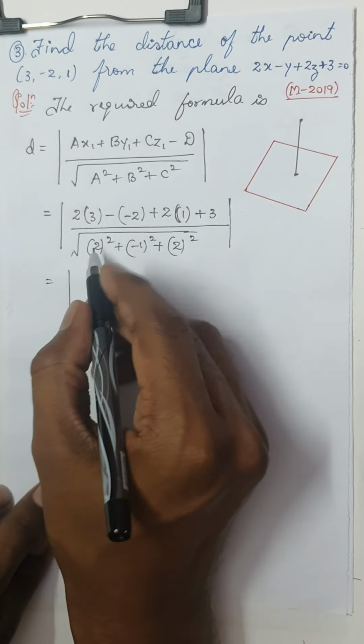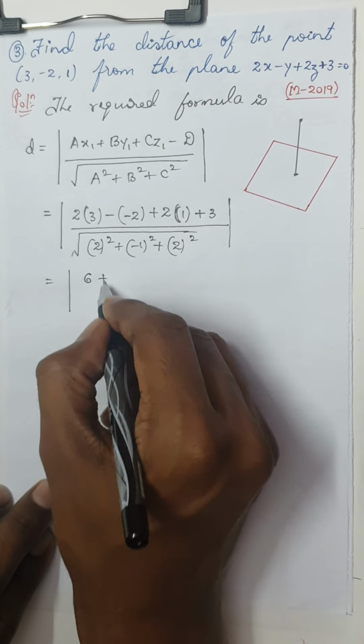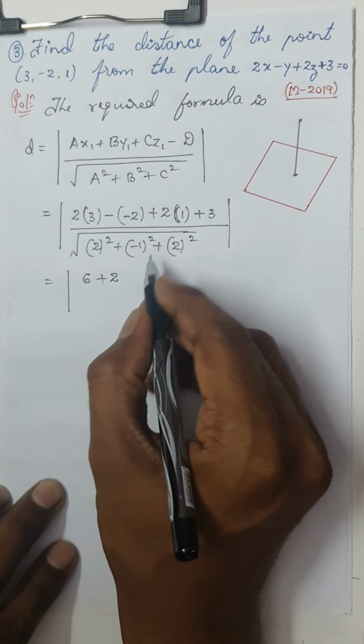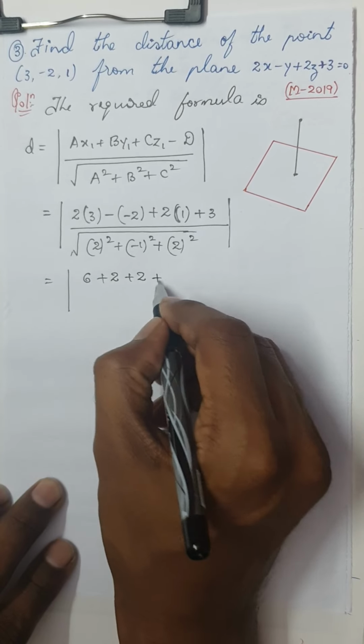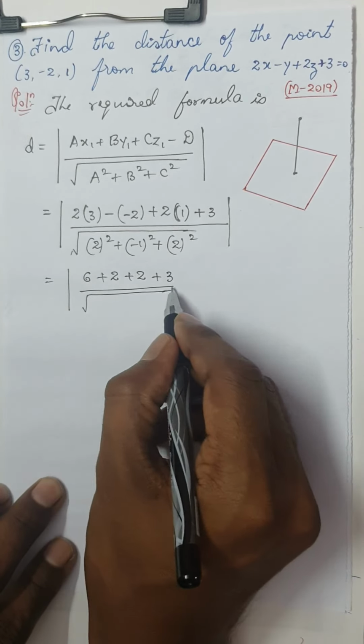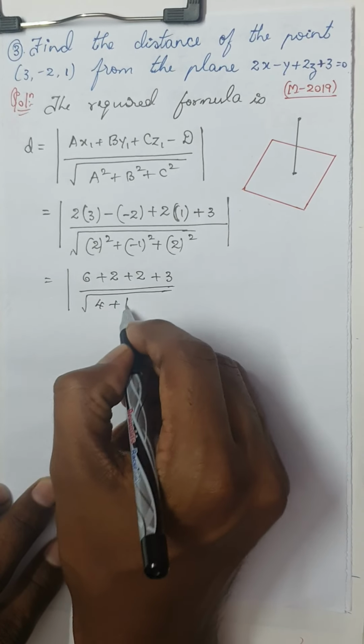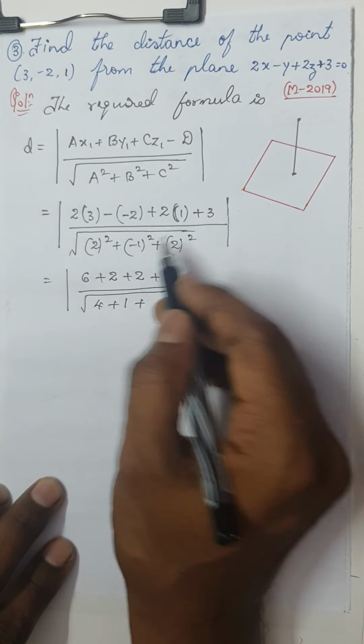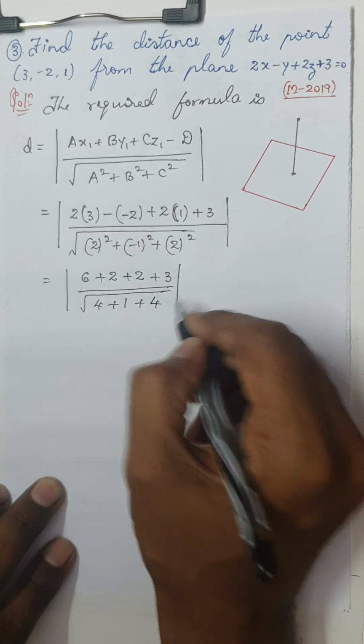So this is nothing but 2 3s are 6, minus into minus is plus 2, again plus 2 plus 3, divided by root of 2 square is 4 plus 1 square is 1, because negative 1 square is also 1, and 2 square is again 4.